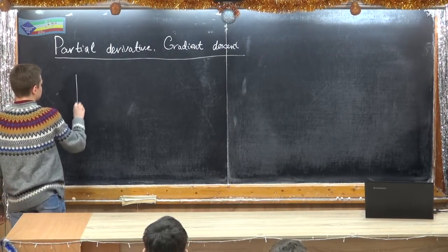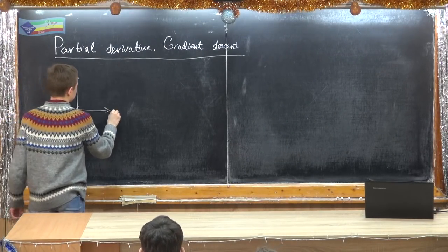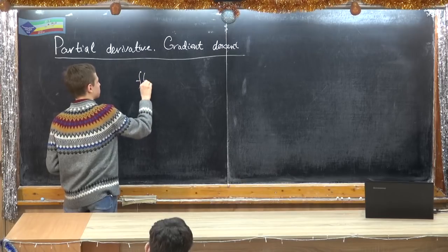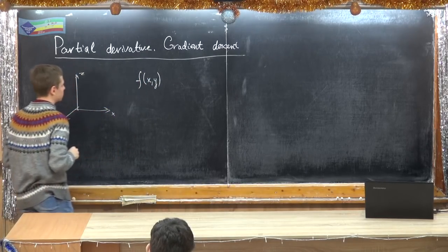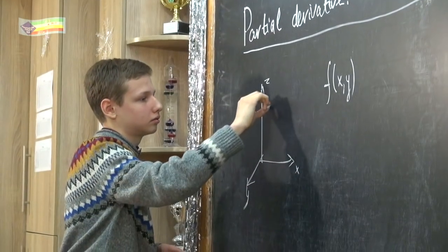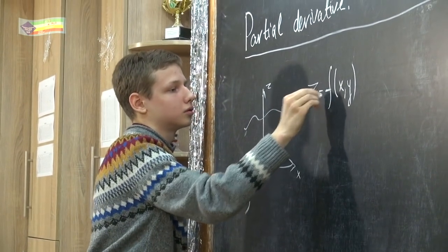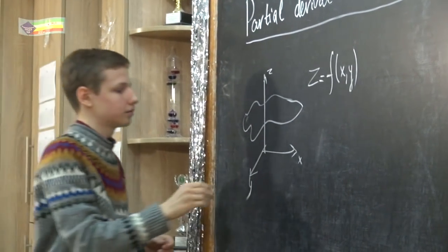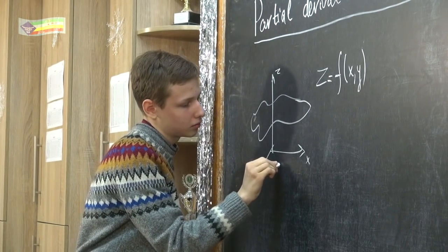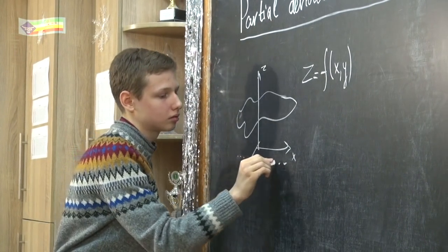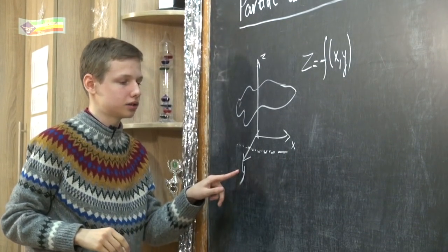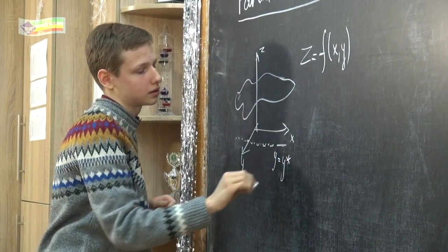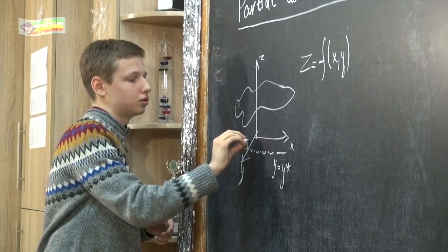First we are going to stick with 3D graphs of functions with two variables. That's how we define some shape, and now we can draw a plane whose y coordinate will be constant: y is equal to some y star.